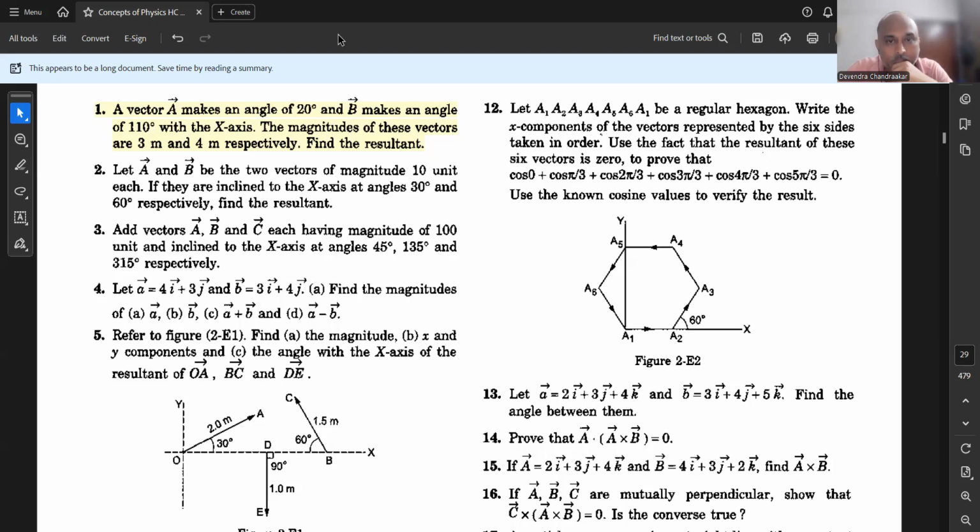Answers? Okay, Ritesh, your answer is correct. Direction? You have not mentioned the direction. Aaron, Harshita, Swaroop. 73 degrees from?